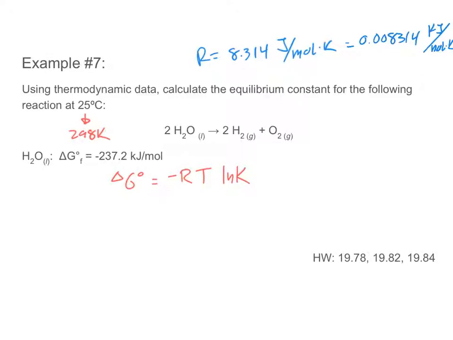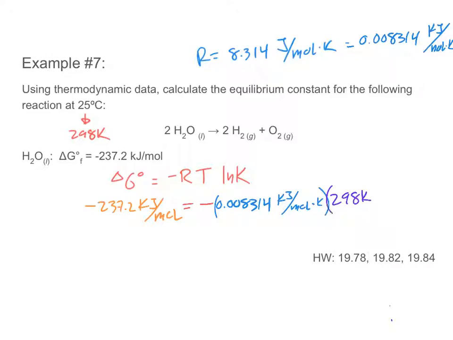So when I plug some of this stuff in, we know that negative 237.2 kilojoules per mole will equal negative R, which is 0.008314 kilojoules per mole Kelvin, times the temperature, which in this case is 298 K, times the natural log of the equilibrium constant.